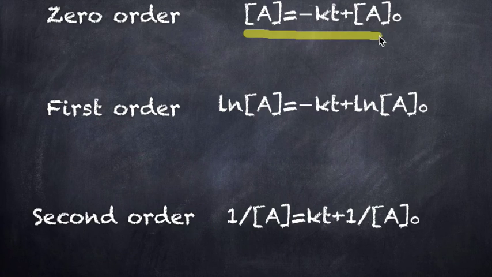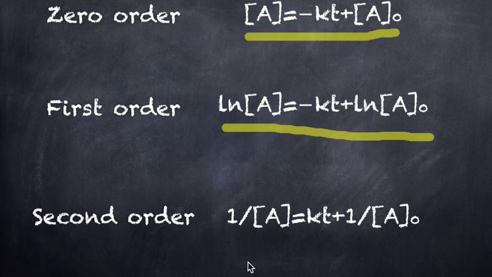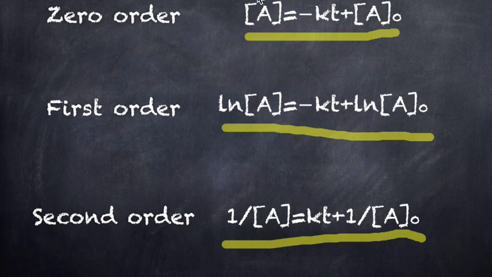The equations are given in this slide for the zero order, for the first order, and for the second order. This A here is the final concentration of the reactant. Rate constant is the k, and t is time. While A naught is the initial concentration of A.